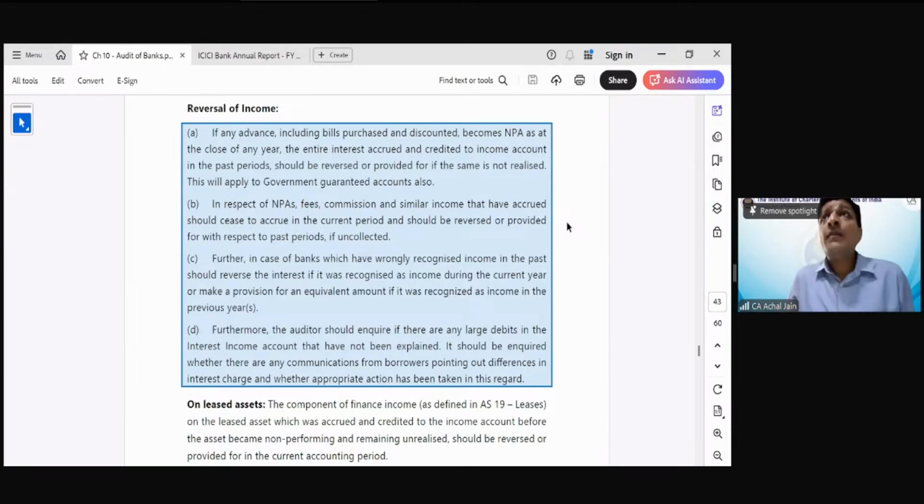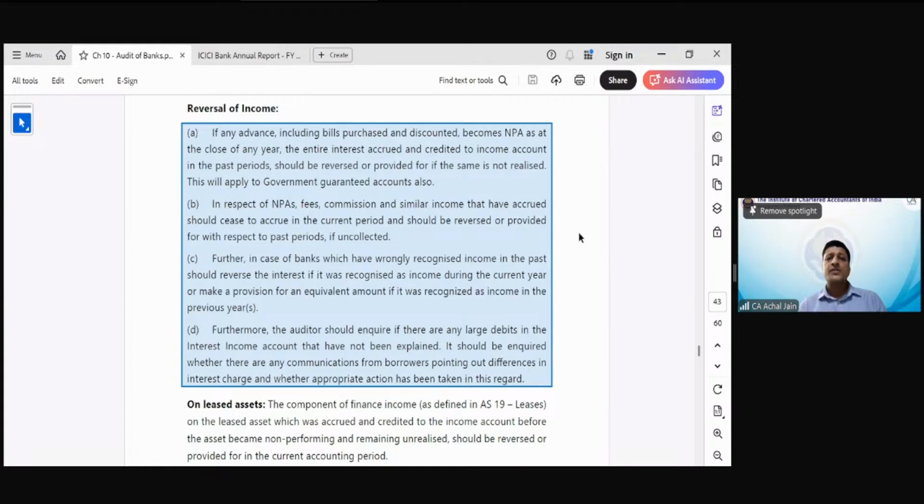Now, what do you mean? Say from 1st of April to 31st of December, an advance was tendered. So will you recognize interest on that advance on an accrual basis? Tell me.